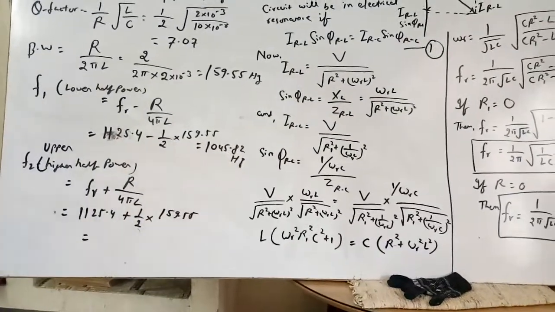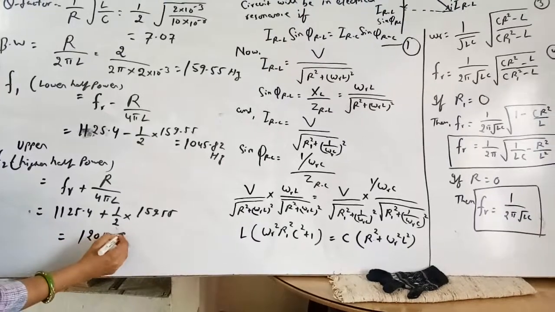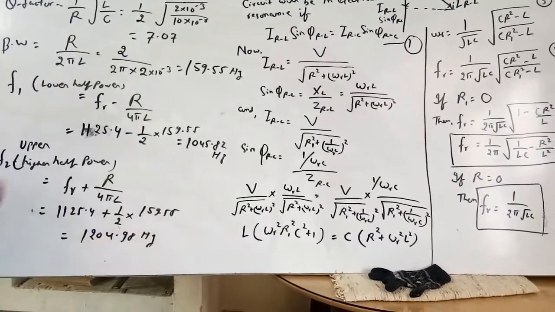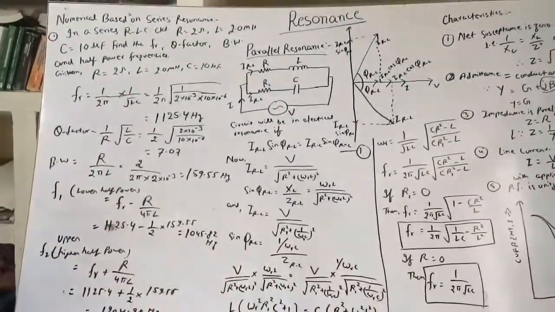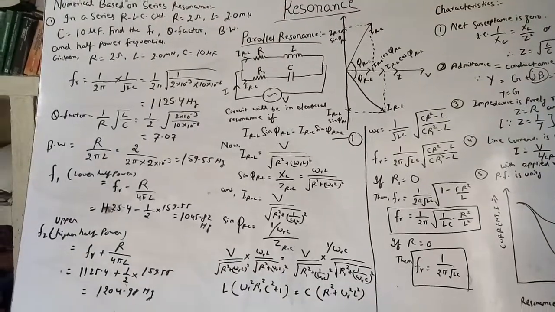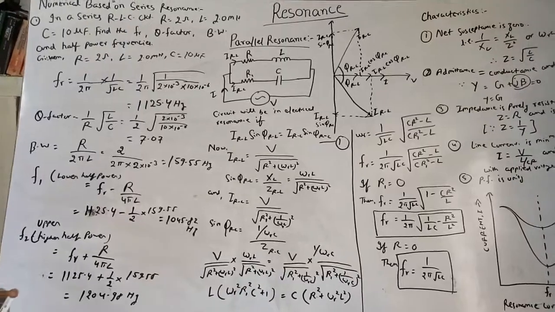You can calculate this value and it is coming 1204.98 hertz. So all about this. On the basis of that, there is a simple numerical which comes in university or any competitive examination.